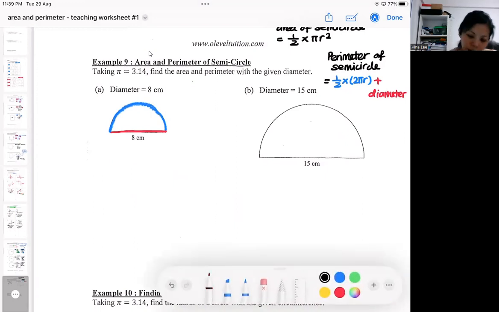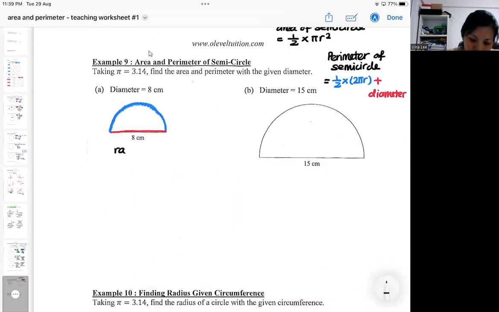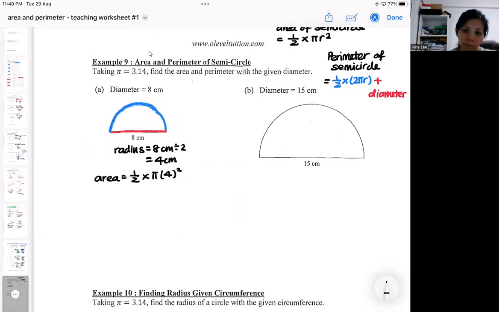So where area is concerned, you are just doing half of the circle. If I'm doing an area, it's just half of the circle. So you can actually do it like this.